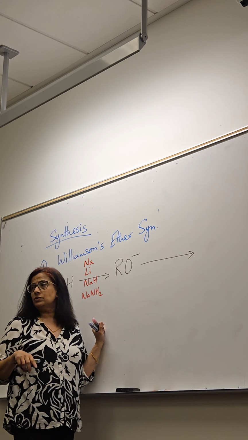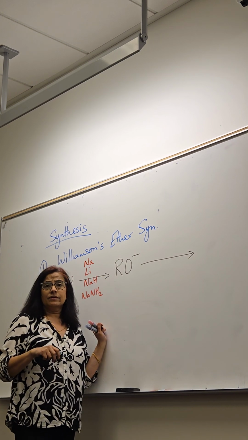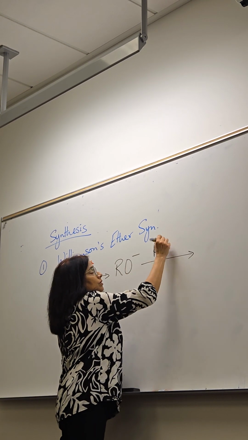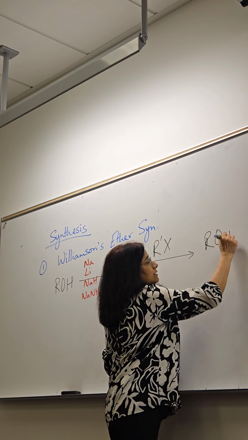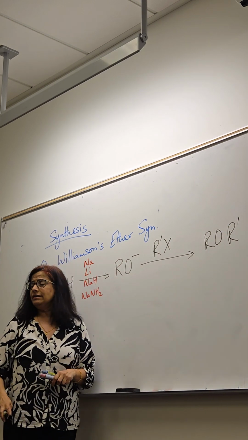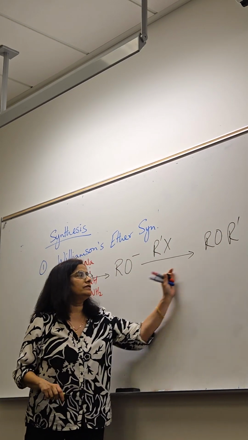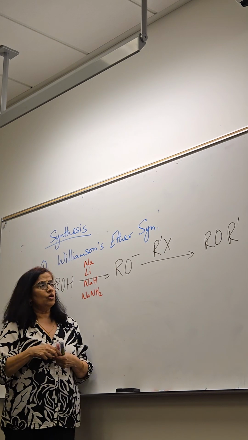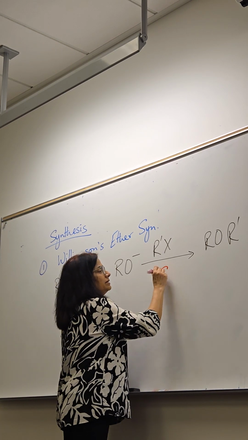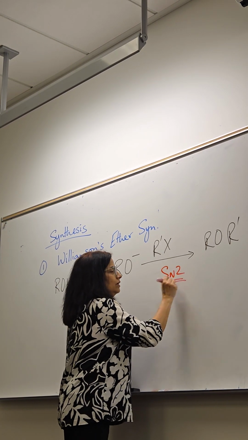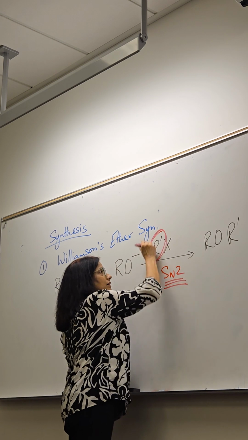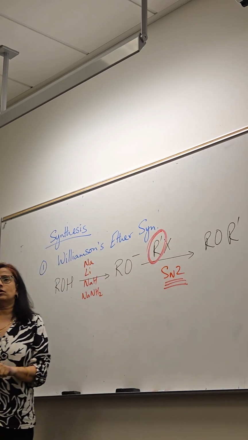Come on guys, this was last week. RX. So, an alkyl halide gives us RO R'. Right? What's the mechanism of this second step? SN2. So if it's SN2, what must be the structure of R prime?